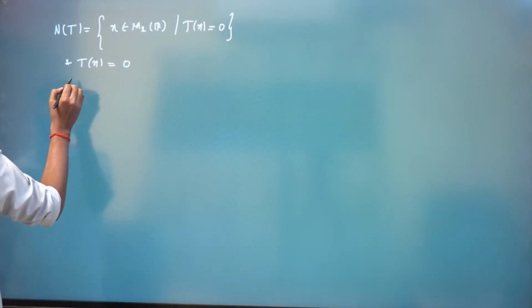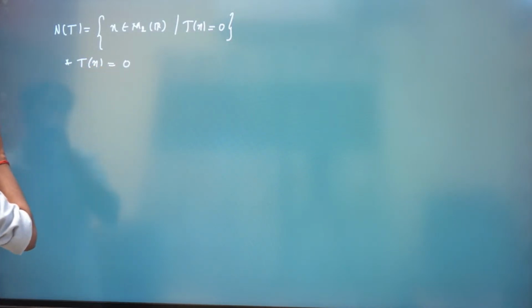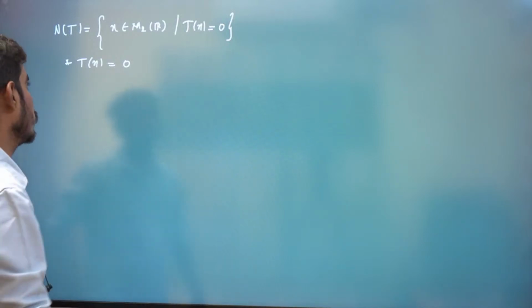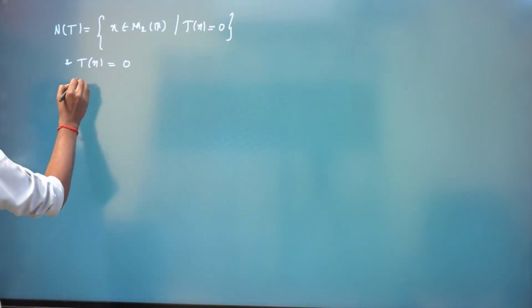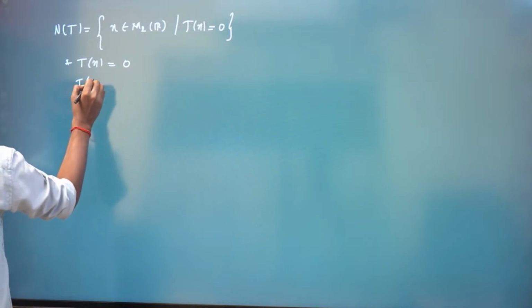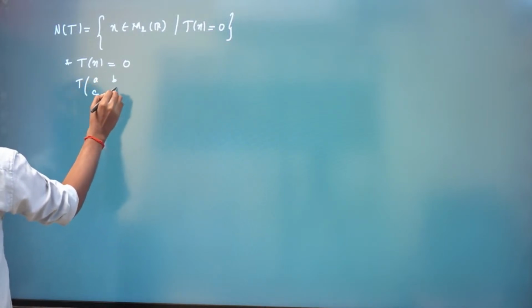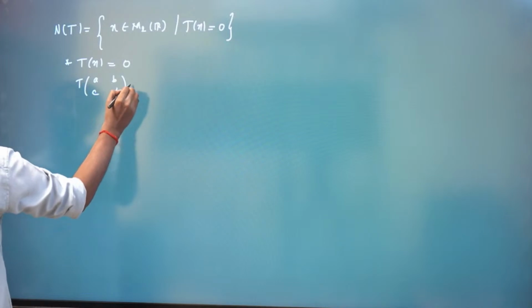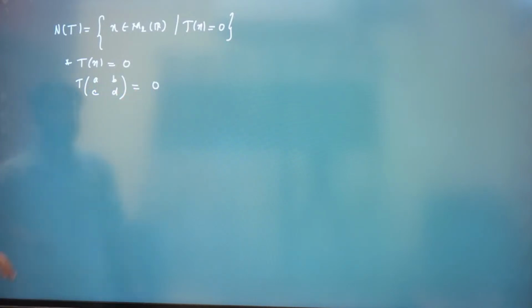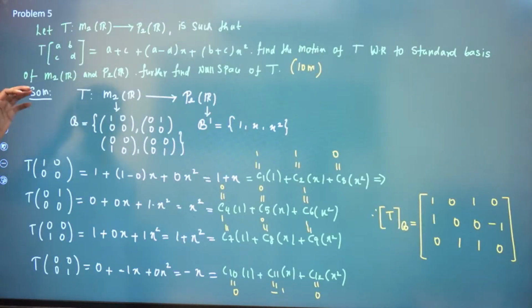So let us take x to be some a b c d. Now, what is T of a b c d? We know the map, right?